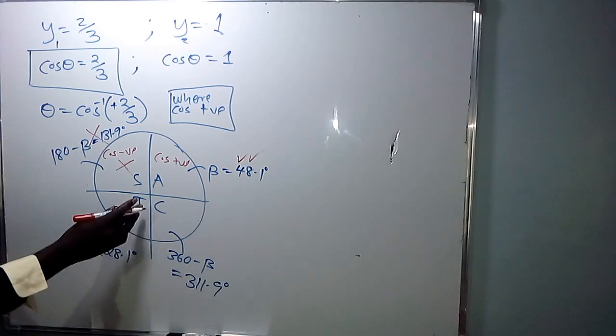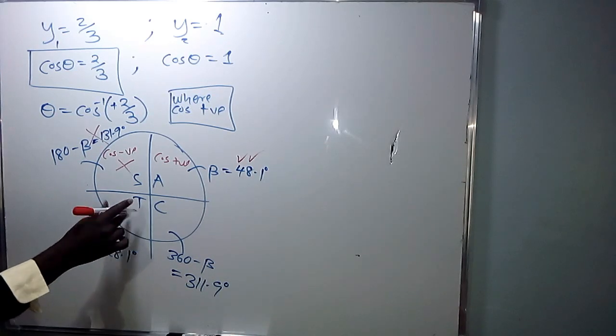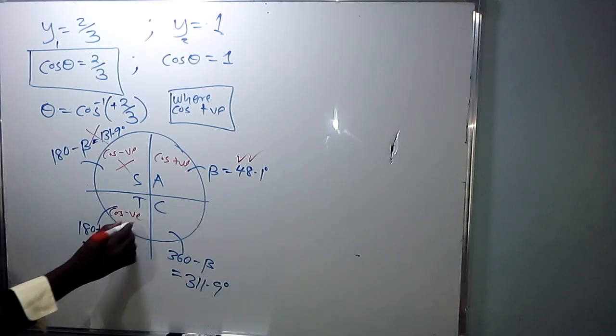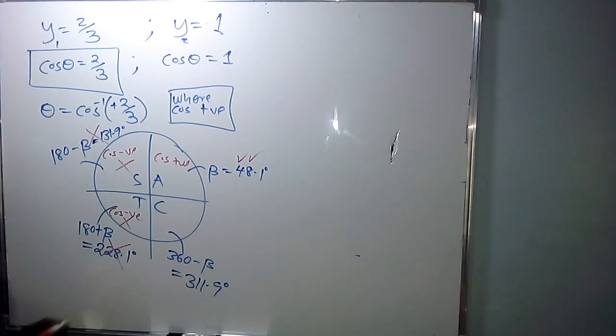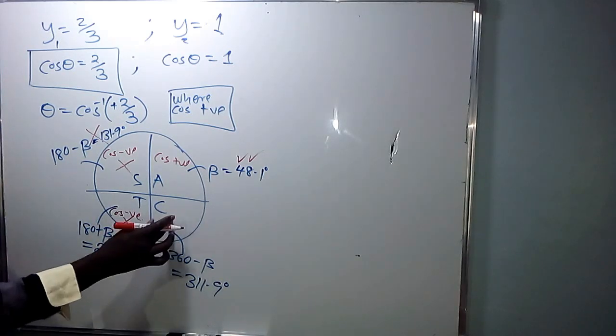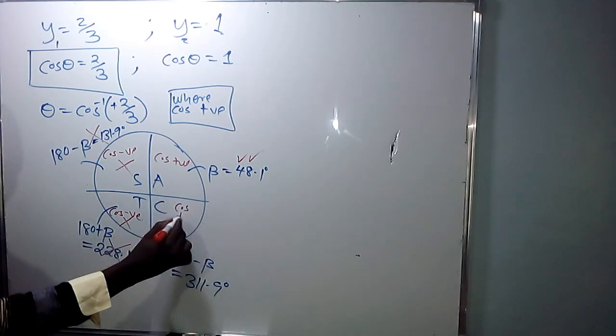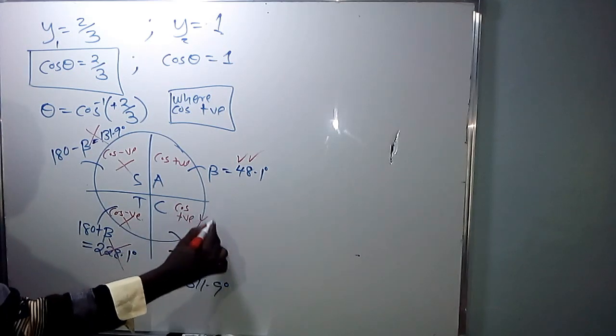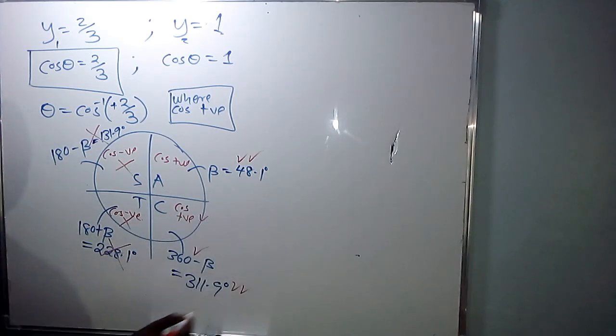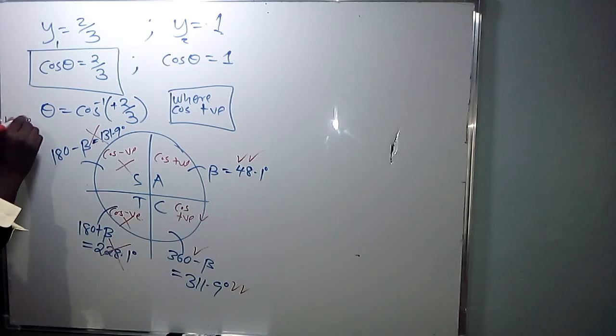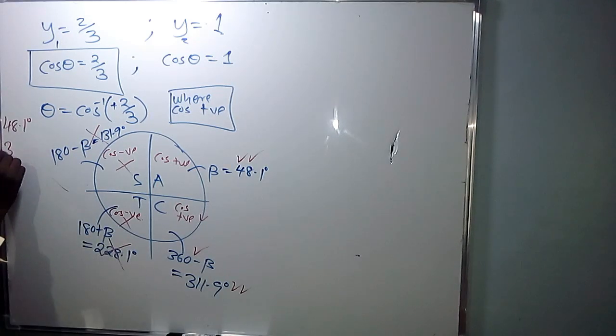In the third quadrant, only tan is positive, meaning cosine is negative, so we don't need that angle. Then in the fourth quadrant, cos is positive, so we need that angle. So the value of theta is either 48.1 degrees or 311.9 degrees. That is the first set of values of theta.